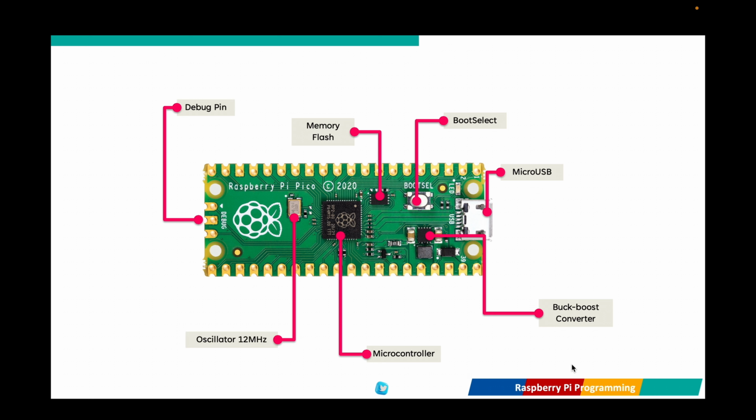Take note that the Raspberry Pi Pico features a built-in 12 MHz crystal oscillator, which provides a stable clock source for the RP2040 microcontroller, ensuring precise timing for processing, communication, and peripheral control. The Raspberry Pi Pico is a powerful yet energy-efficient microcontroller, optimized for embedded applications, automation, and real-time processing.